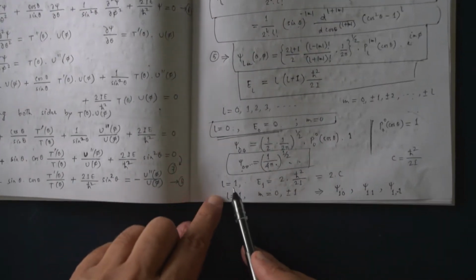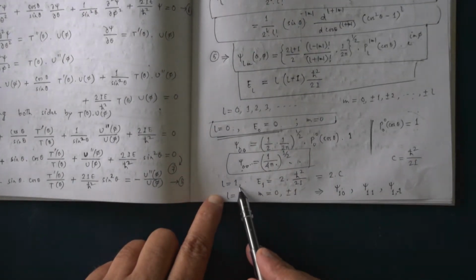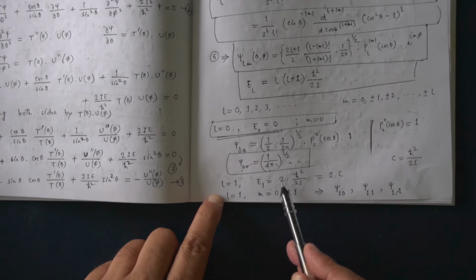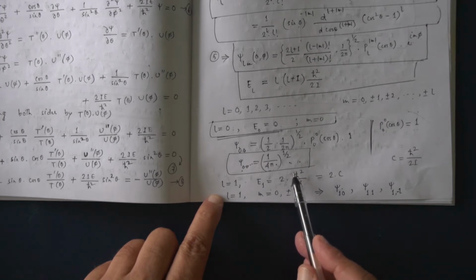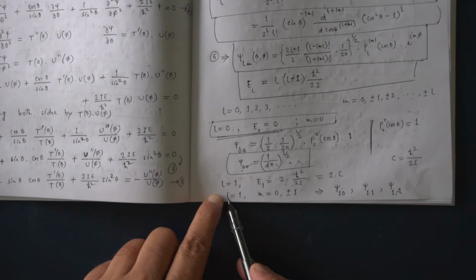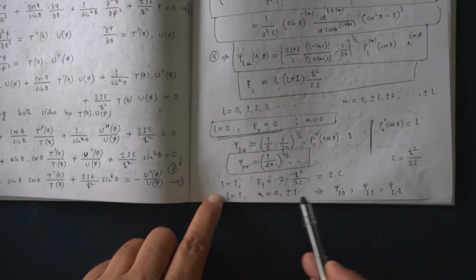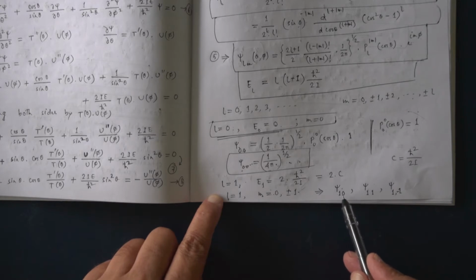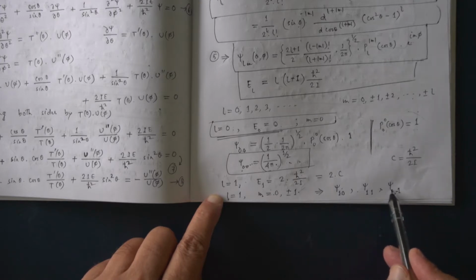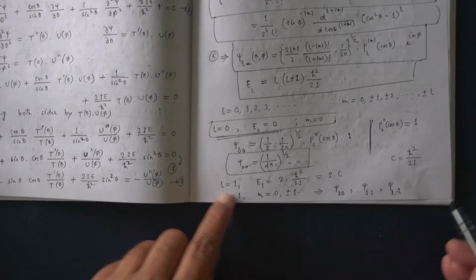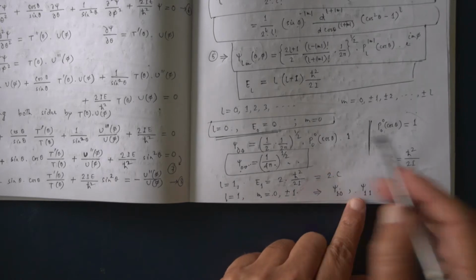But when L equals 1, the energy is this much, and M may be 0, plus or minus 1. Accordingly, we get three wave functions, that means three states.